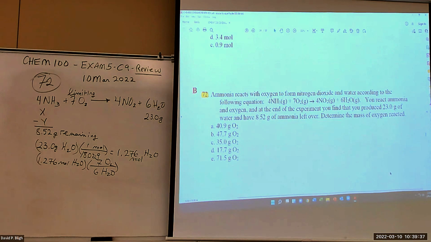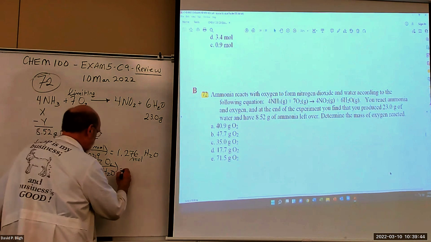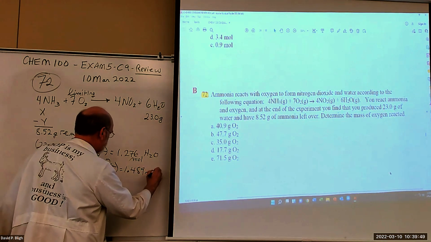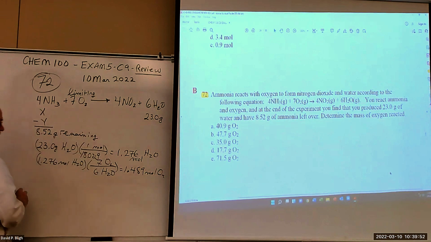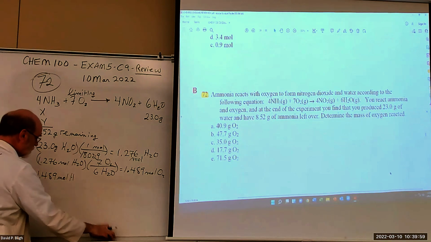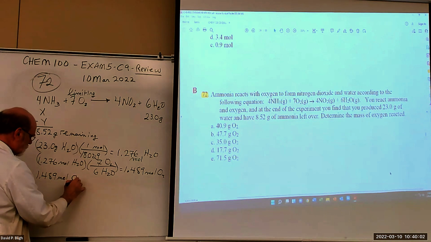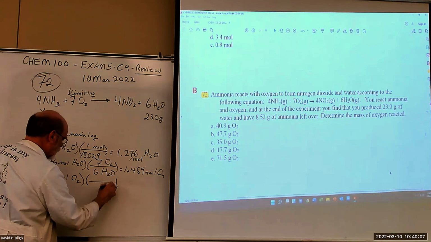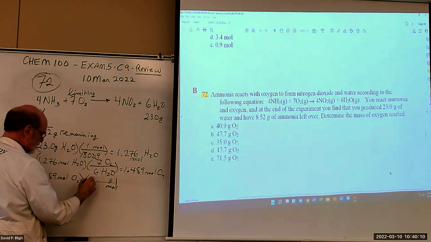So 7/6 is 1.489. 1.489 moles of oxygen. Now we can find out what mass of oxygen. We just need to know the molar mass of oxygen, 32 grams per mole.